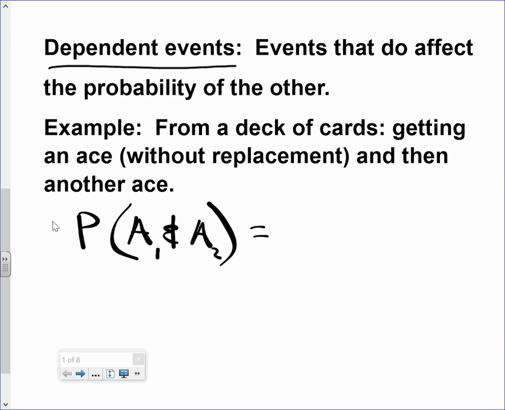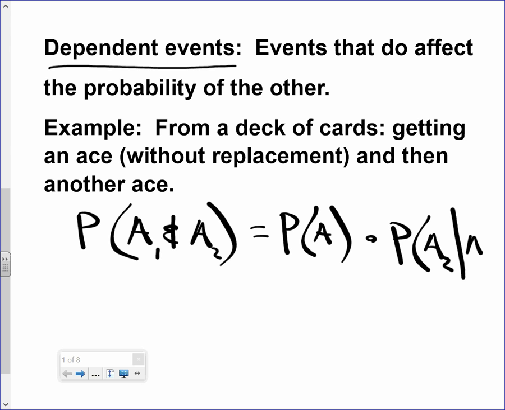Is going to equal, watch this, the probability of getting the first ace times the probability of getting the second ace, given that you got the first ace. So I want you to put a little bar, this means given that, or assuming that.